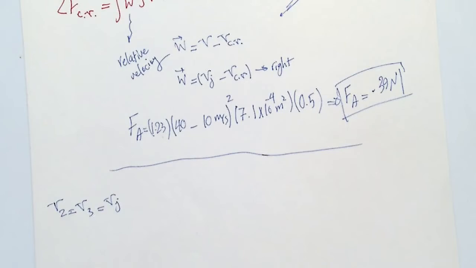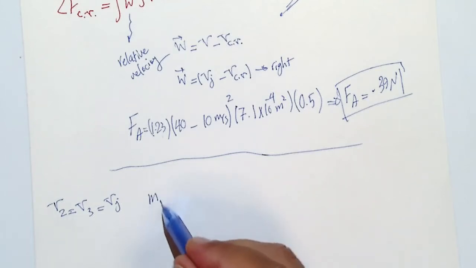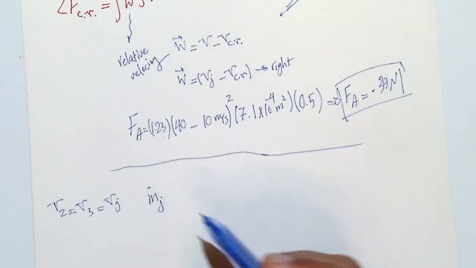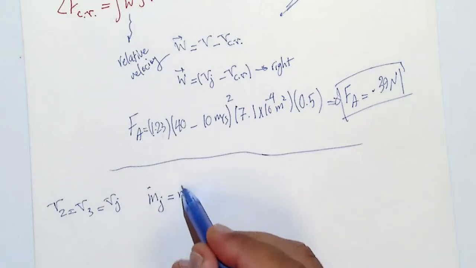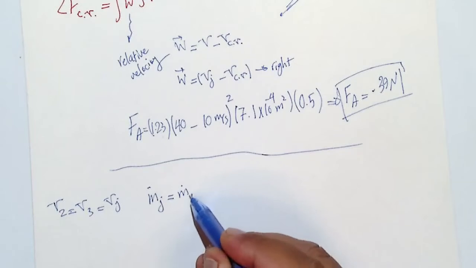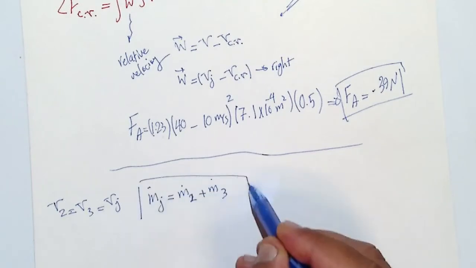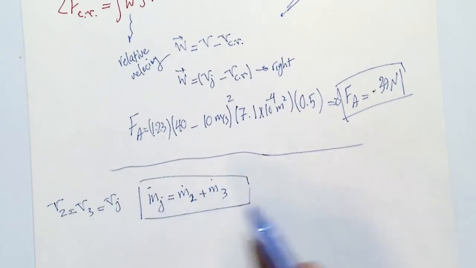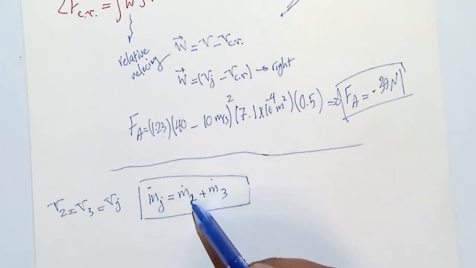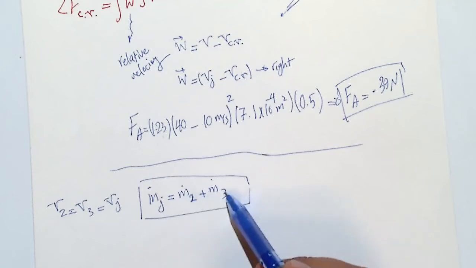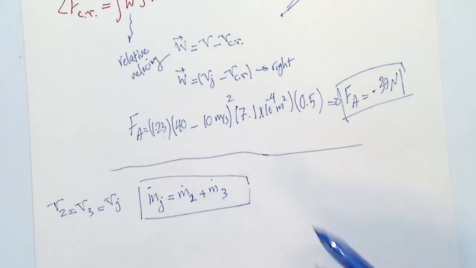Okay. What else? We can say that conservation of mass gives us that m dot j, which is input, should be equal to m dot 2 plus m dot 3, right? That's the conservation of mass. It means that the amount of mass flow rate that comes in should be equal to the out, because that's a steady state, you don't have any other term.